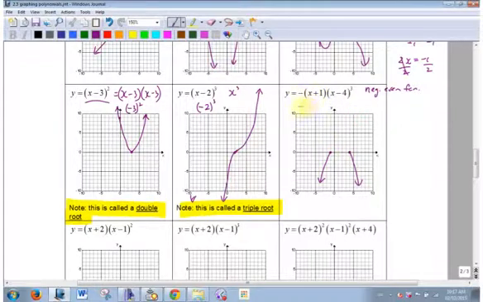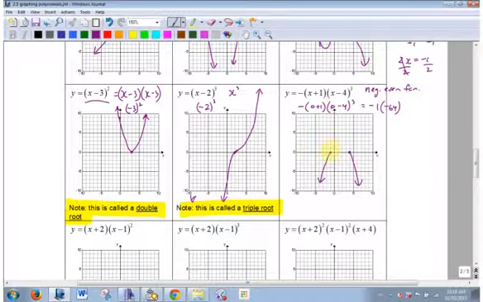Y-intercept, where x is 0. So let's just write the whole thing out. That's still a negative 1, and this is negative 4 cubed, which is negative 4 times negative 4, positive 16, times a negative 64, which is minus 64, which is really, really big.